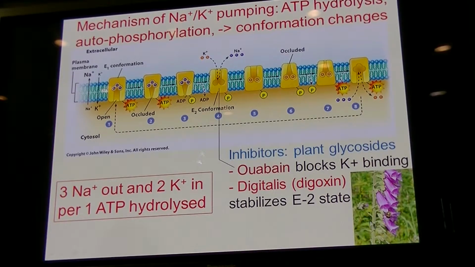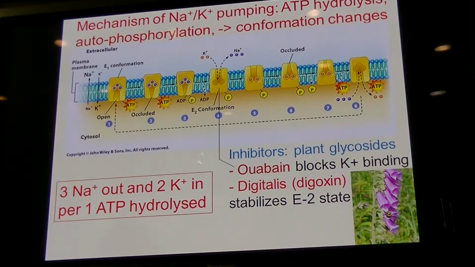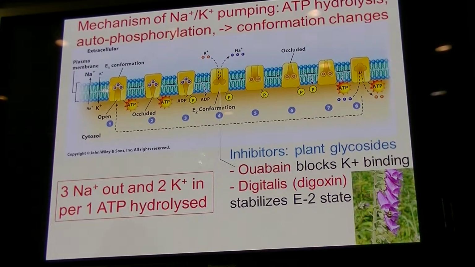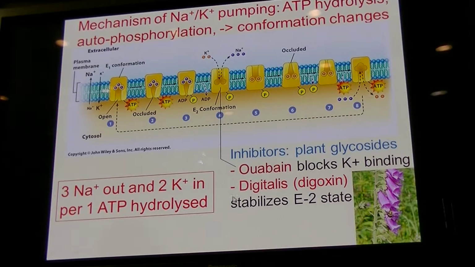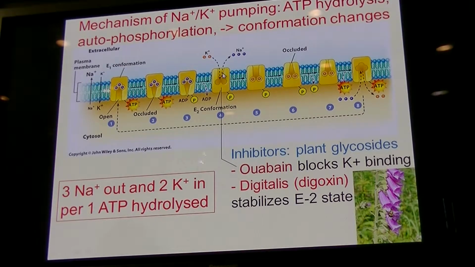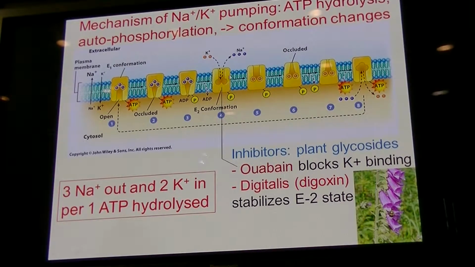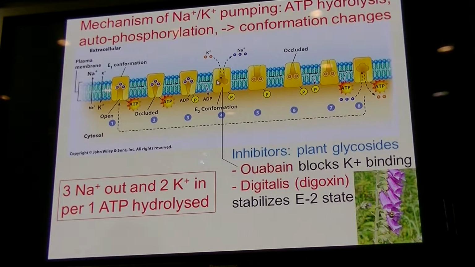which is from this plant, Digitalis purpurea, which is well known in any sorcerer's book as a very good toxin. It's one of the most toxic plants in nature. If you eat these flowers, you're not going to survive. So what's in there? There is this molecule and it binds here, and for Ouabain we know that it actually blocks potassium binding.